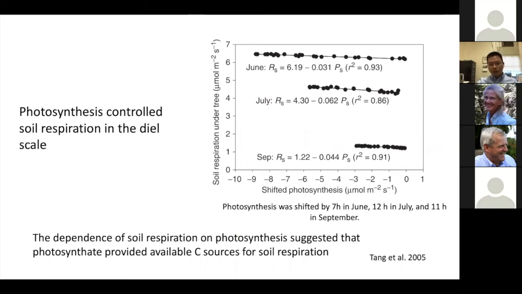And the results found that soil respiration is highly dependent on photosynthesis. The results suggest that photosynthesis provides the valuable carbon source for soil respiration. So although many of these studies have found photosynthesis affects soil respiration, there are still few studies on how photosynthesis affects soil microbial respiration.